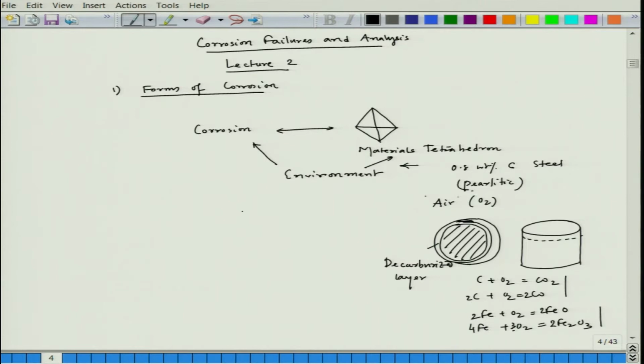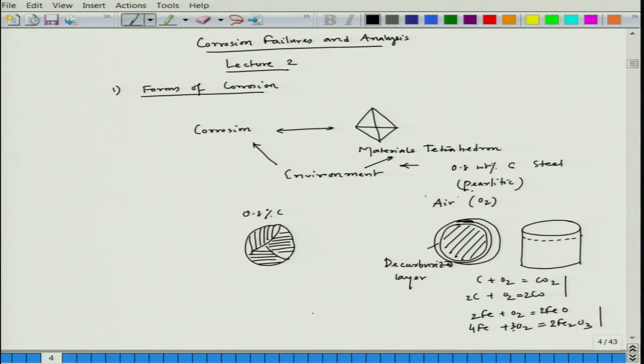So, now if you take 0.8% carbon and look at the microstructure, these are pearlite, and these are prior austenite grains.